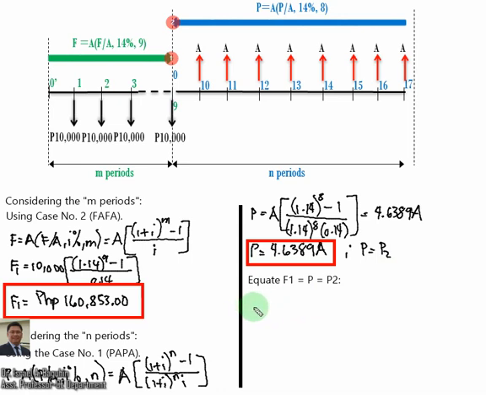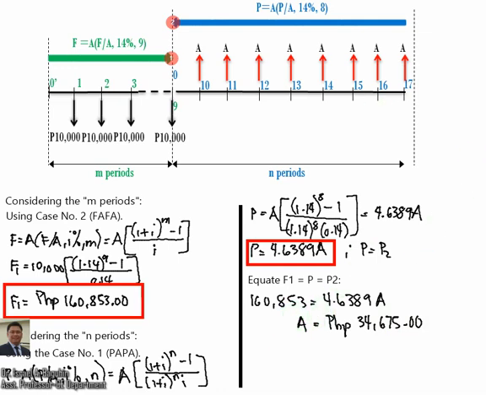Okay, so after this one, we have now this value of 160,853 is just equal now to 4.6389 as a function of A, and then our annuity is just simply equal now to 34,675 pesos.